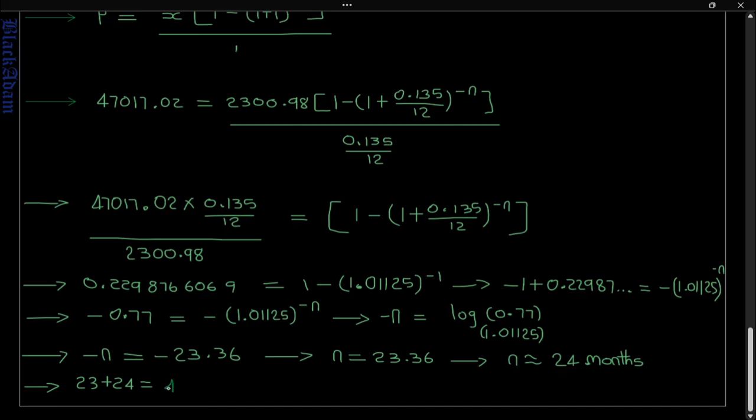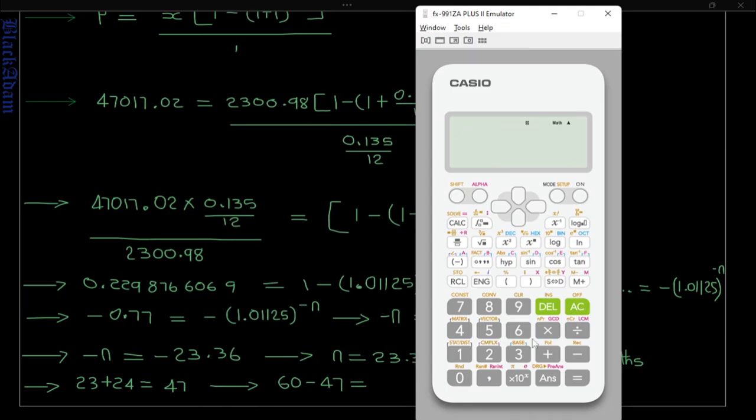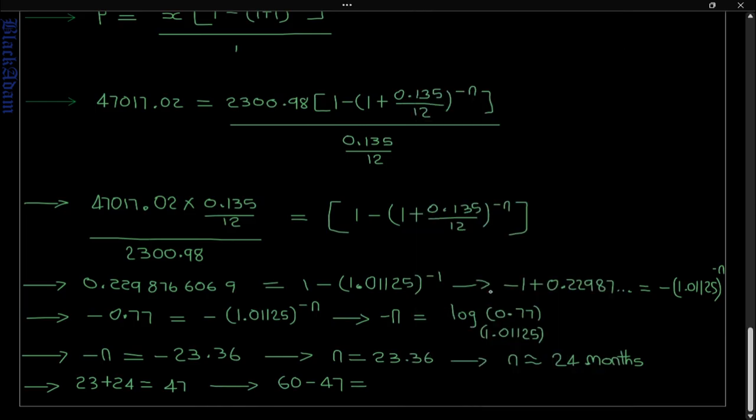So remember it's 60 months, so it's going to be 47, and then that means 60 minus 47 will give us 13 months. So that is going to be 13 months, about 13 months earlier.